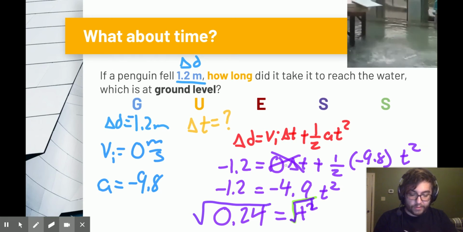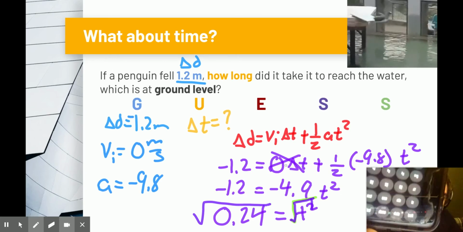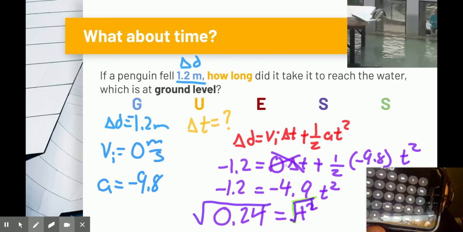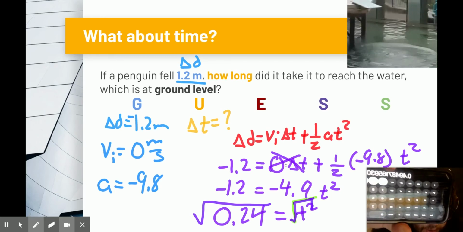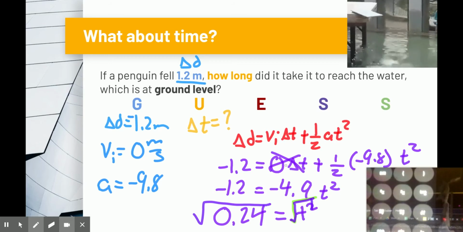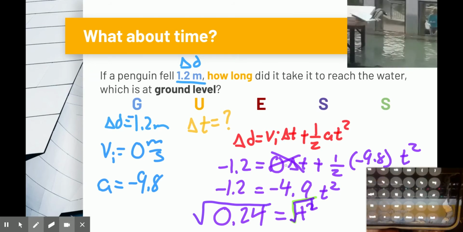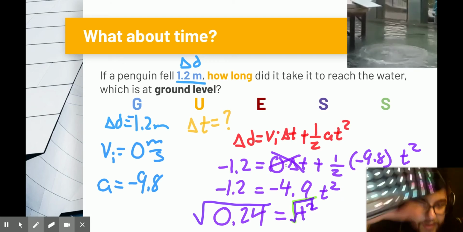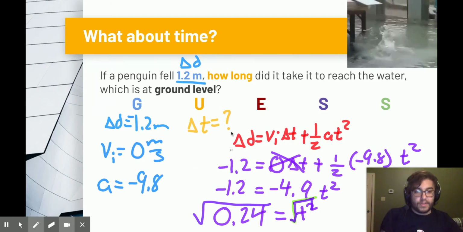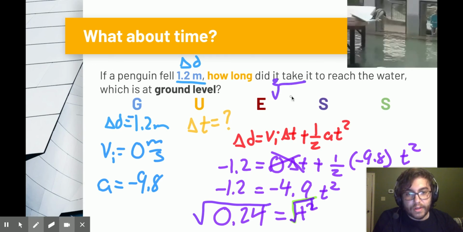let me see if I can find it on my calculator. If you are curious what it looks like on your calculator, it looks like this.